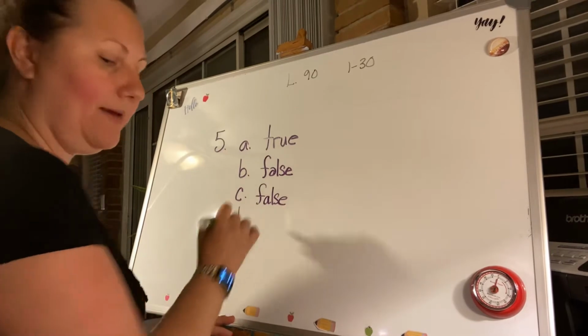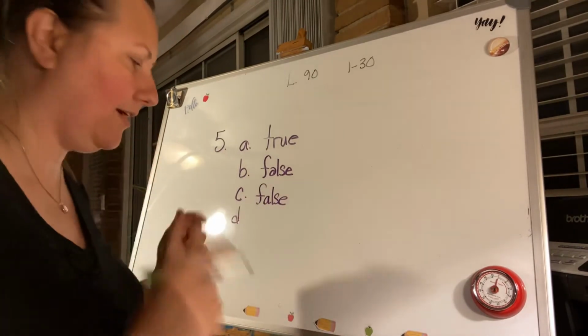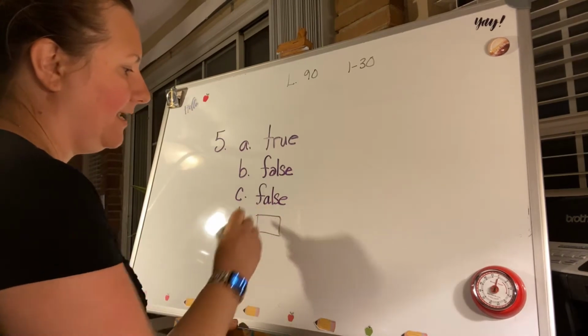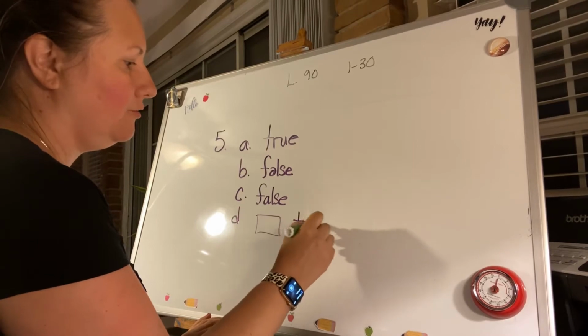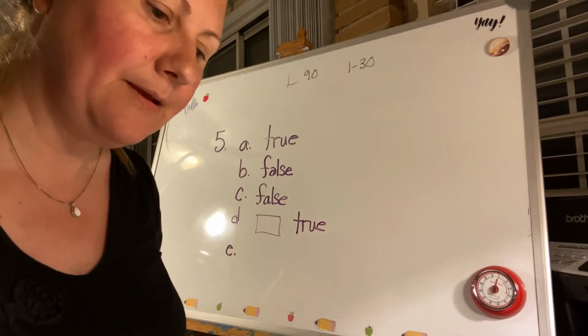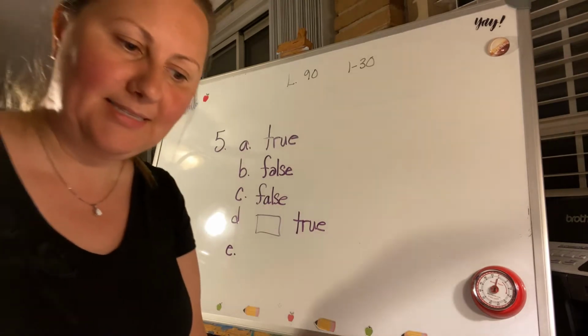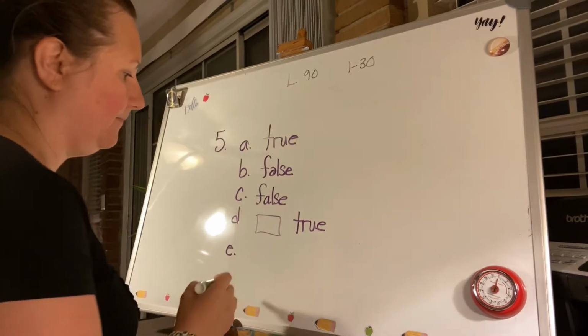Okay, let's think about D for a second. All rectangles are parallelograms. Okay, think about any rectangle, and you should think, yes, this is true. All rectangles are also parallelograms. And then E, it says some parallelograms have no right angles.